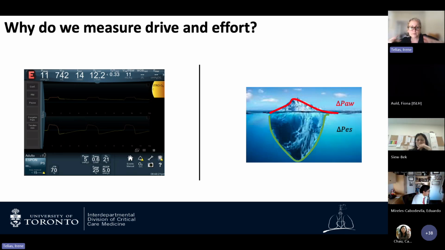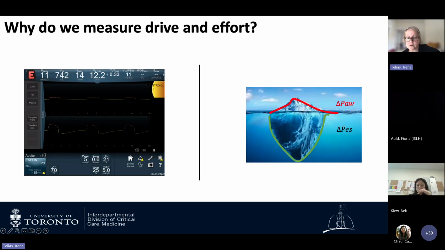So that pressure happening inside the pleural space, we cannot see on the main screen, so we have to go and look for it. And this beautiful analogy of the iceberg really highlights those hidden pressures. The total driving pressure driving the air inside the lung is the full iceberg.